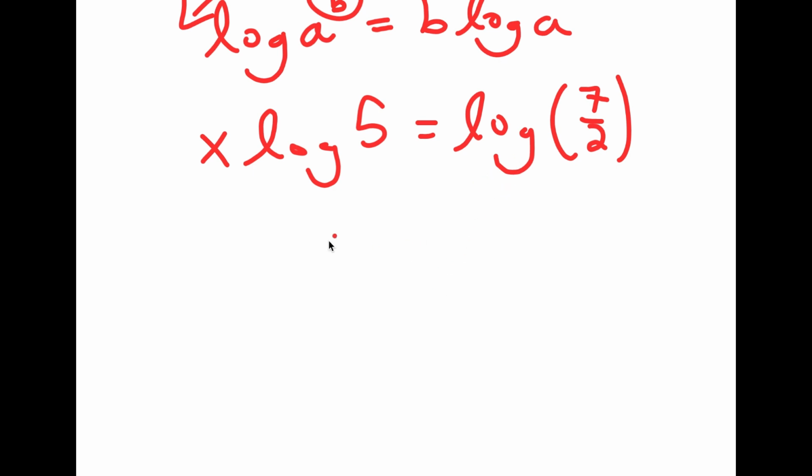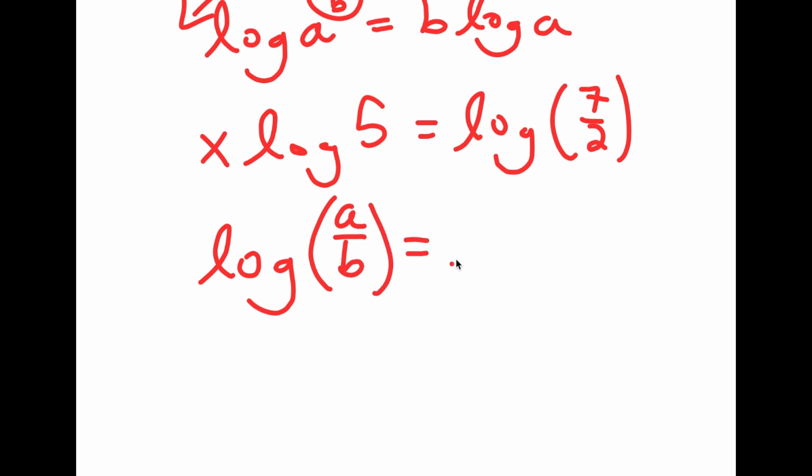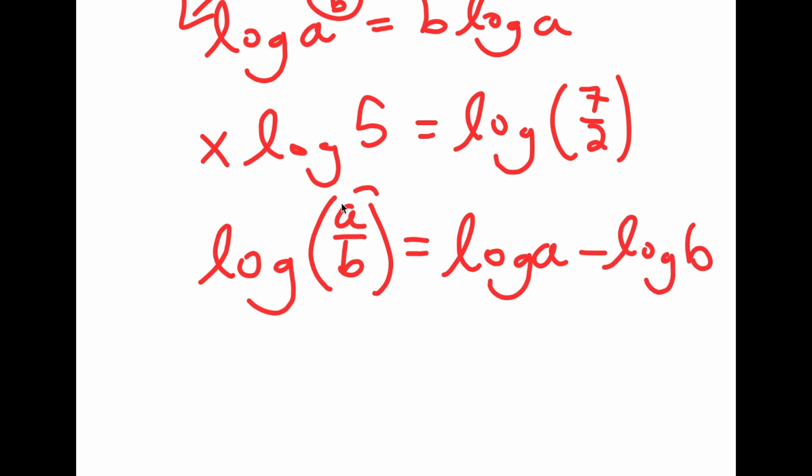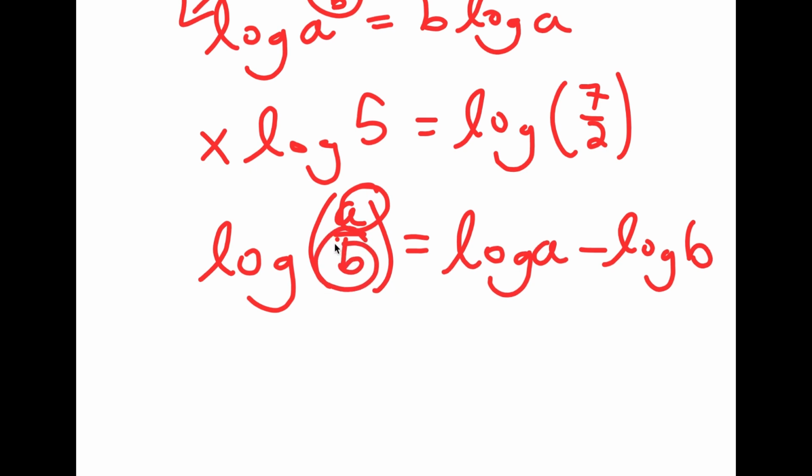And another important property of logarithms is that if I have something in the form log a over b, this is the same thing as log a minus log b. So our log of the numerator minus log of the denominator.